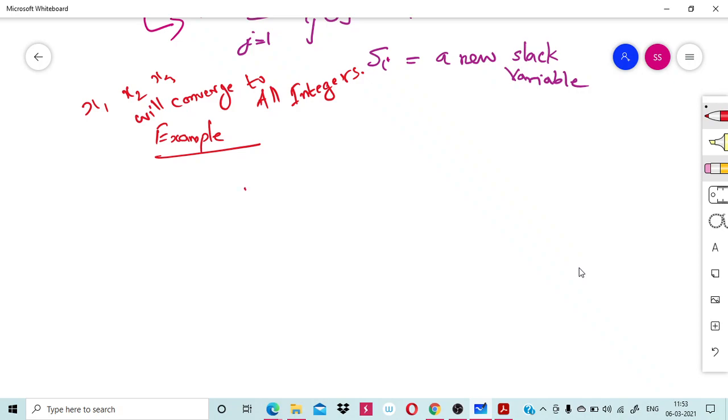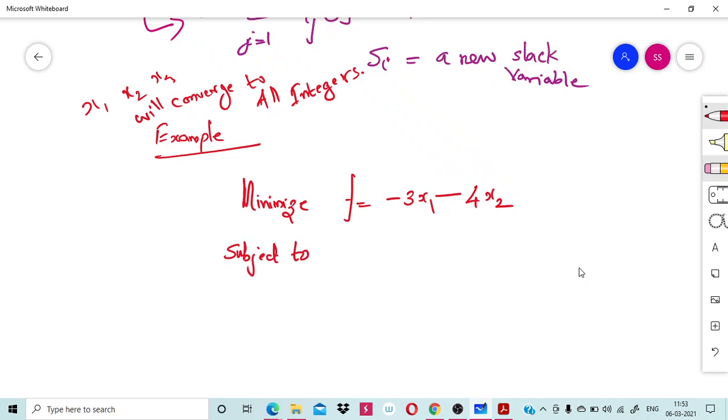This is a minimization problem. So minimize f equal to minus 3x1 minus 4x2. Minimization problem in two variables, subject to the constraints.